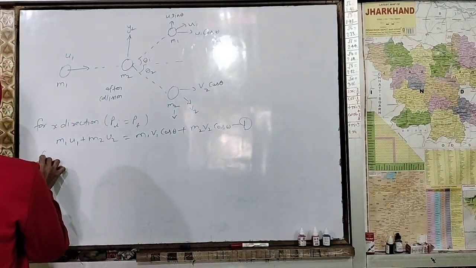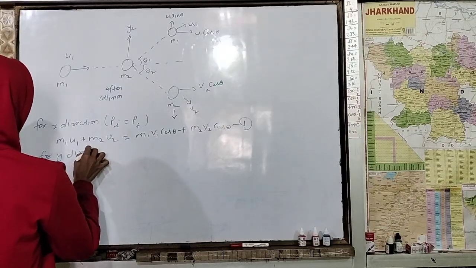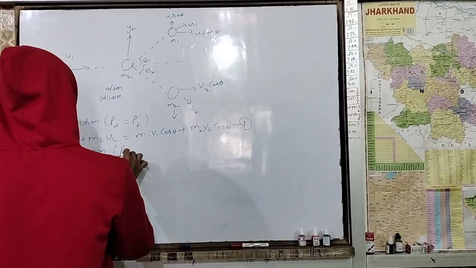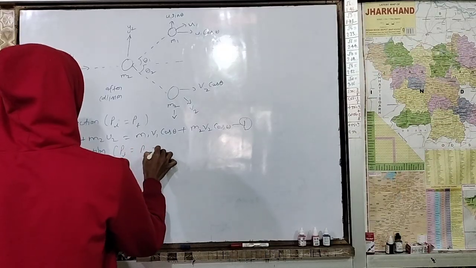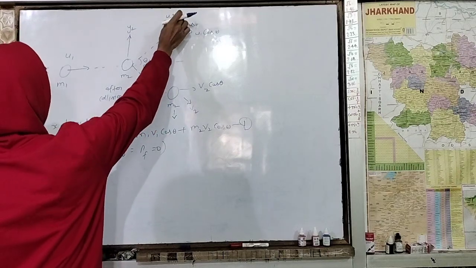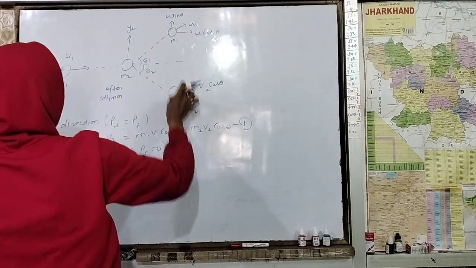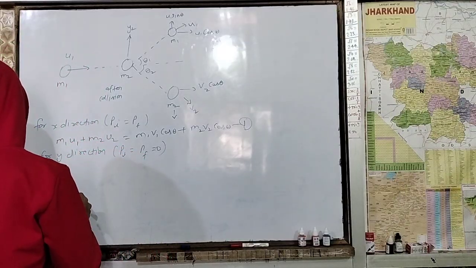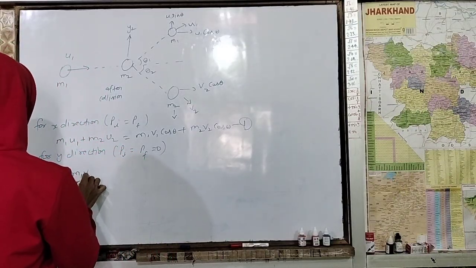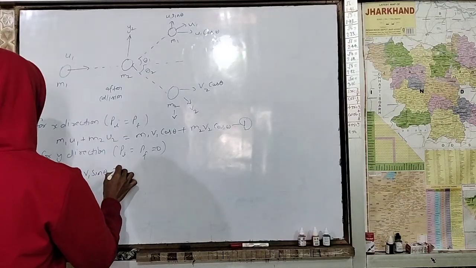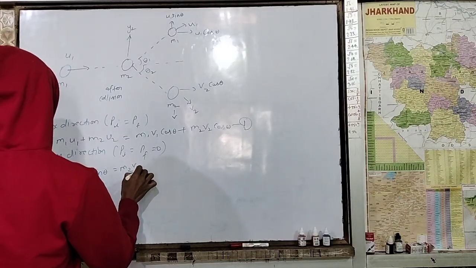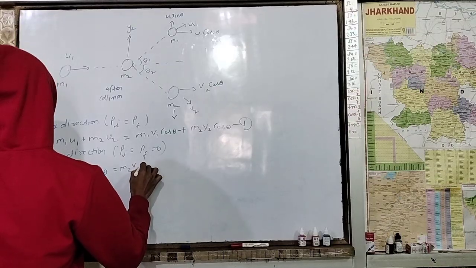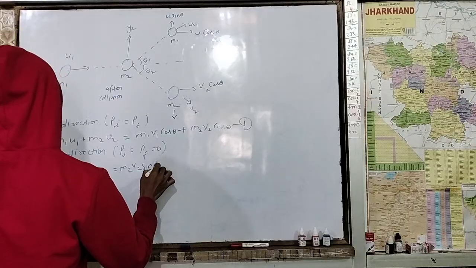For the y direction, just take pi equal to pf, which is equal to 0. Taking the y components, we have m1 v1 sin theta1 equal to m2 v2 sin theta2.